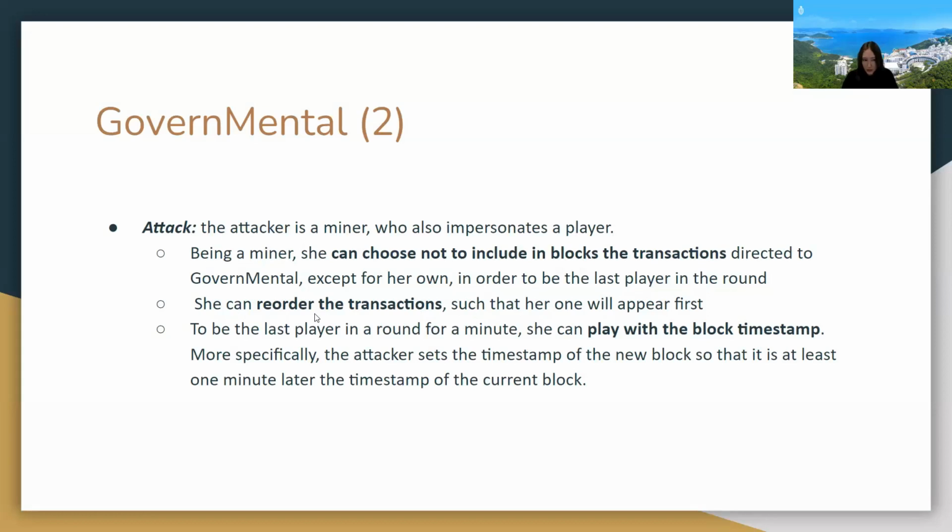Or also the miner can reorder the transactions so that her own will appear first. Or again, the miner can play with the block timestamp. If the miner sets the timestamp of the new block so that it is at least 1 minute later than the timestamp of the current block, then again, she would win. So yeah, that is another attack.